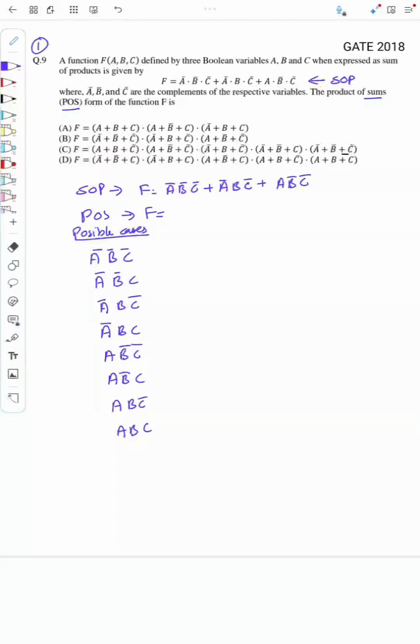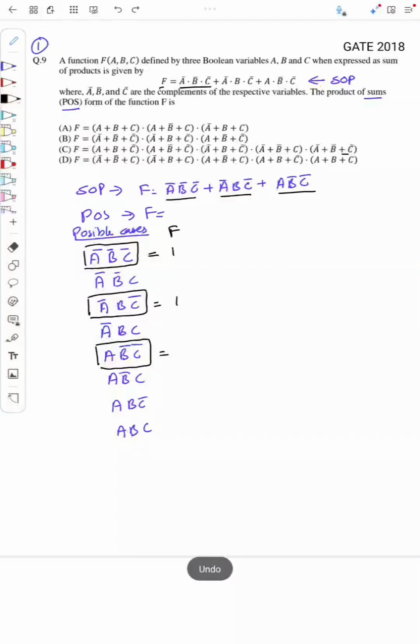Okay, with ABC. Now here, according to the equation, f is a function of a bar b bar c bar, then a bar b c bar, and a b bar c bar, right? So which means f is actually equal to 1 for these terms.